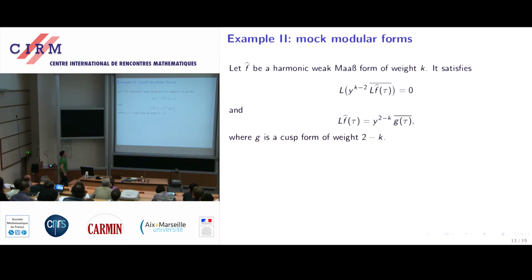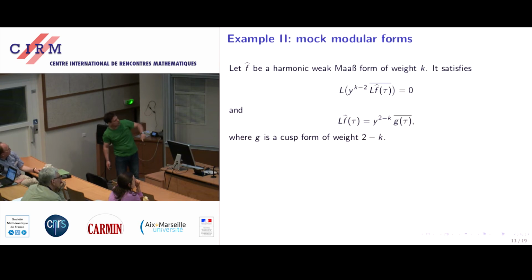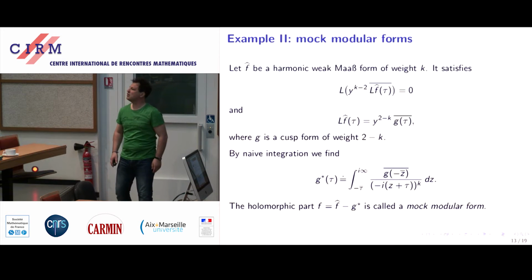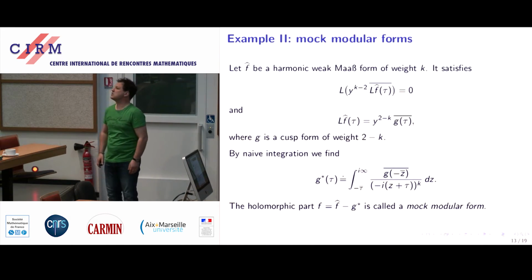So yeah, I'm cheating here a little bit. Before, I called the Maass lowering operator applied to f hat G. Here I use G in a slightly different way, but the philosophy is still the same. And you can do naive integration here. If I just told you y to the 2 minus k G bar, find me something, you could do this. This is naive integration.